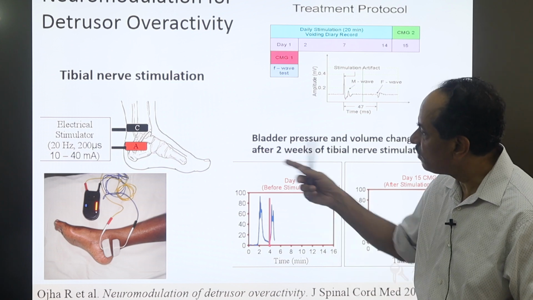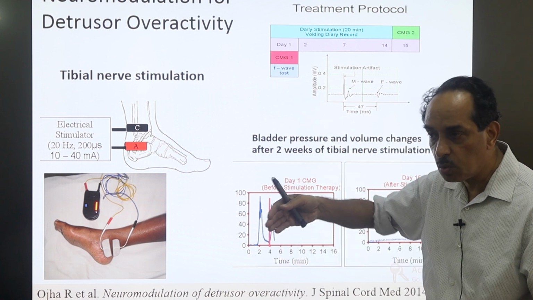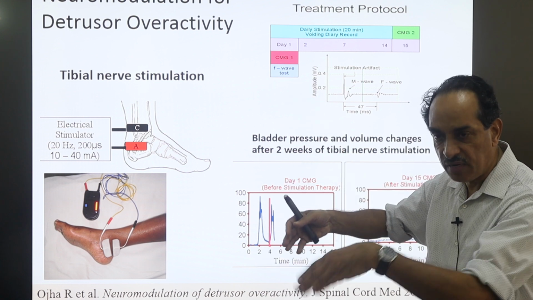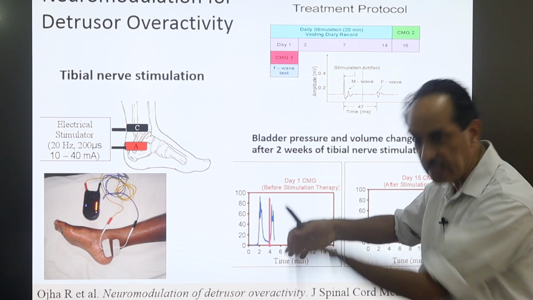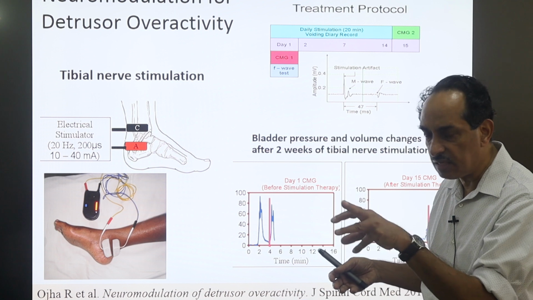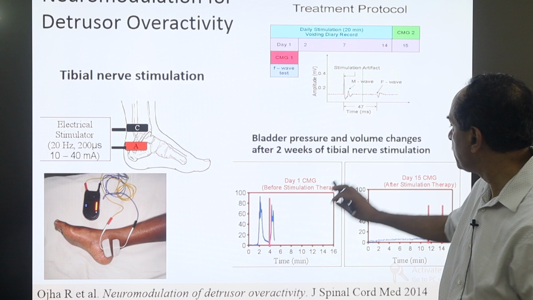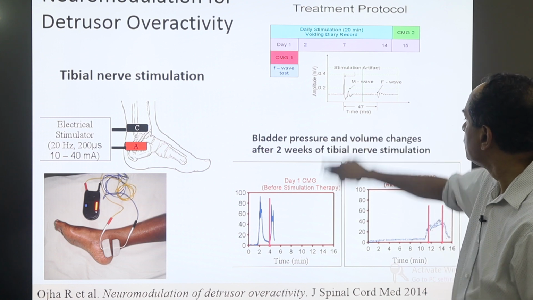Whereas in this one, similarly, we are trying to continuously stimulate the dorsal root so that maybe the afferents are reduced because this signal is busy going inside there, or maybe the segment itself is getting through various inhibitory pathways. So what you see is that this is the patient's bladder pressure volume.